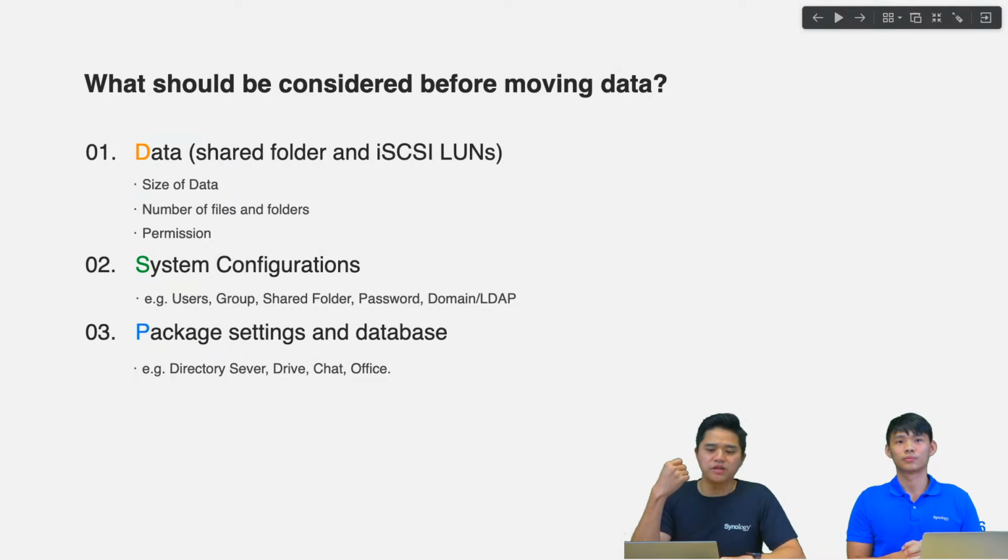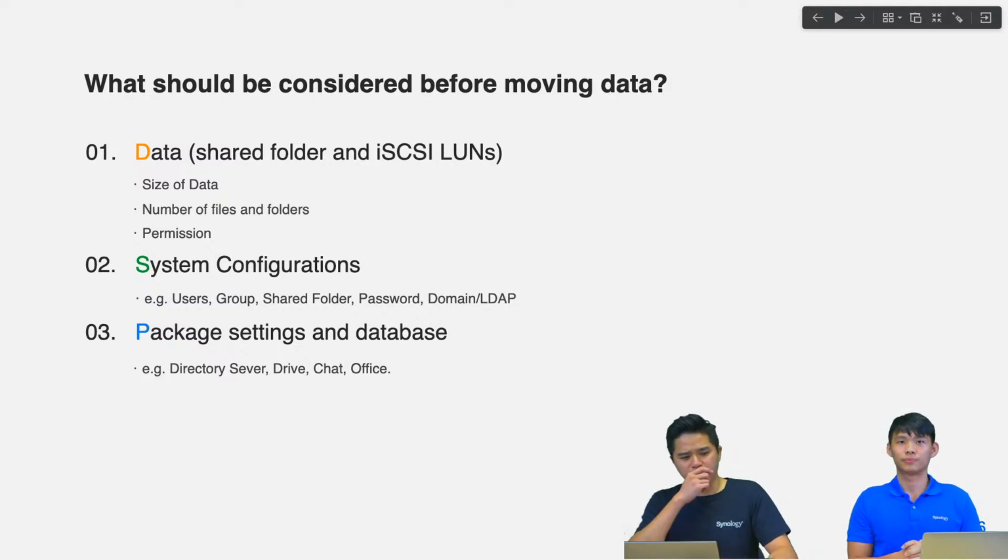We have to consider the size of data, the number of files in the shared folder, and also the permissions. Second, do you want to also move the system configuration, which includes the username, password, group name, domain, and LDAP? Third, do you want to move the package and its database? For example, Synology Directory Server or Synology Drive Server.